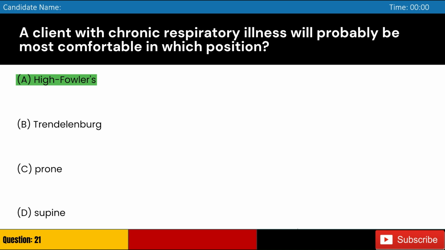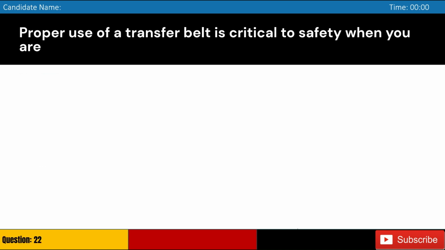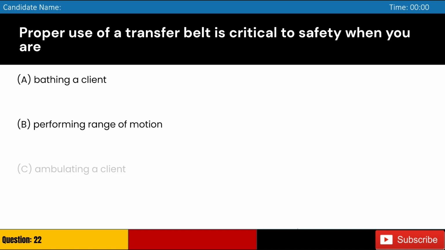High Fowlers. Proper use of a transfer belt is critical to safety when you are A. Bathing a client. B. Performing range of motion. C. Ambulating a client. D. Positioning a client. Answer C. Ambulating a client.